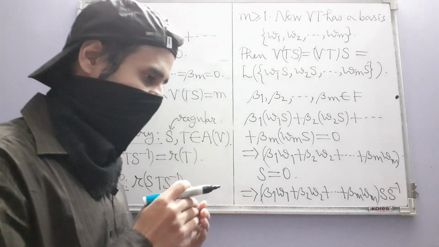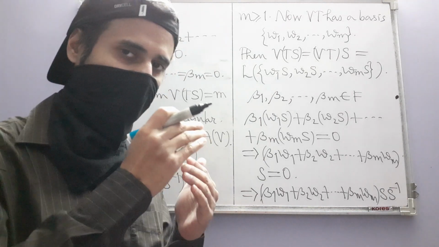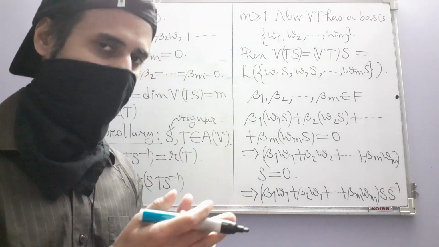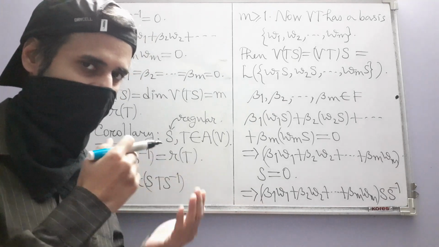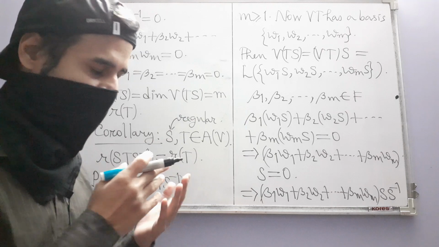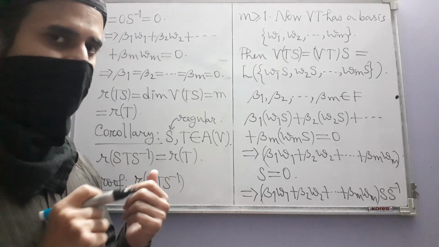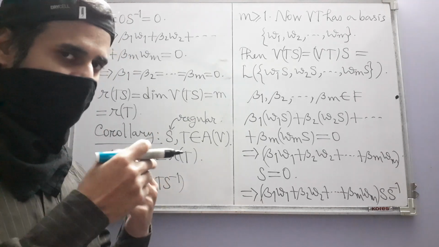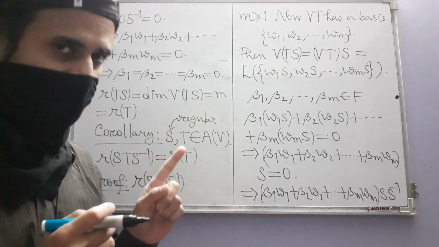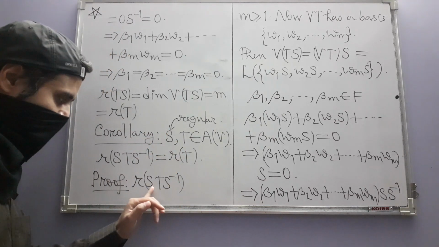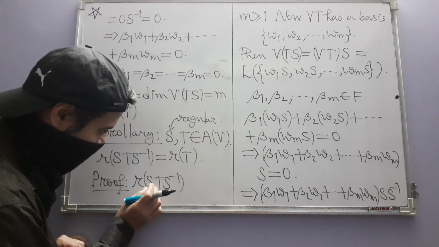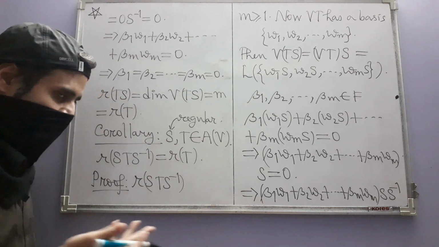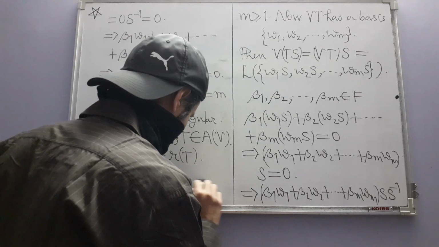It says that rank of ST is equal to rank of TS is equal to rank of T. But we only need that first part where we can change the order of S and T. In place of ST, we can also take TS if S is regular. Well, here also S is regular. So you can consider S as one operator and TS inverse as another operator.